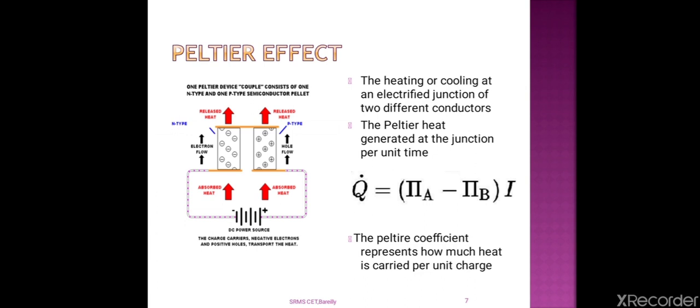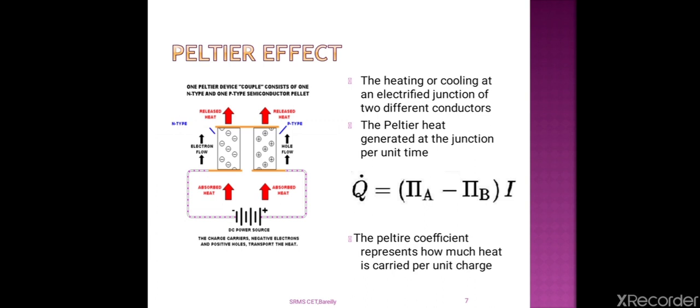As you can see, it is denoted by Q, which is equal to pi A minus pi B times current, and here again this pi A minus pi B is known as the Peltier coefficient. So on one hand we have the definition of the Seebeck effect and the Seebeck coefficient.